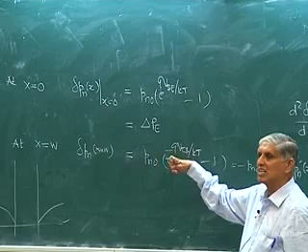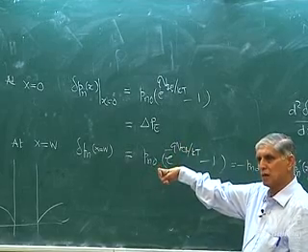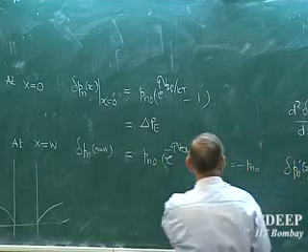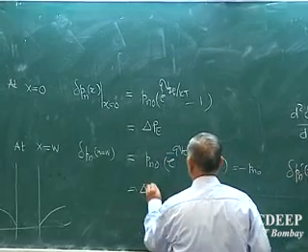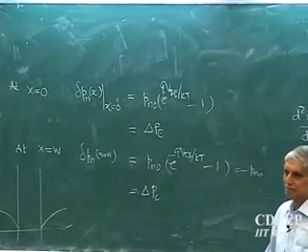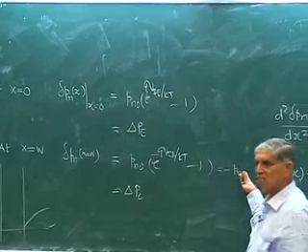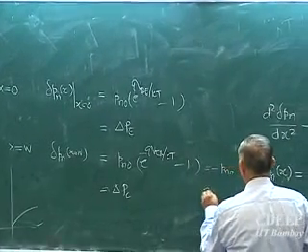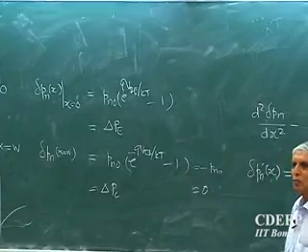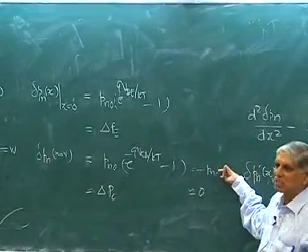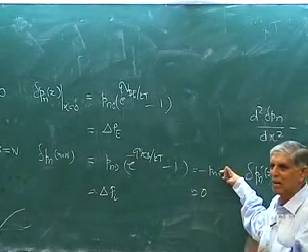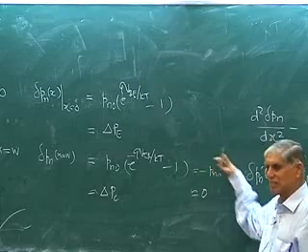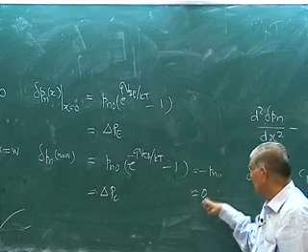So the actual carrier concentration is 0 at the boundary. However, not to keep it like this, we say this is delta PC. Sometimes we will also neglect it, because Pno itself is very small, so minus Pno is even smaller and can be neglected.